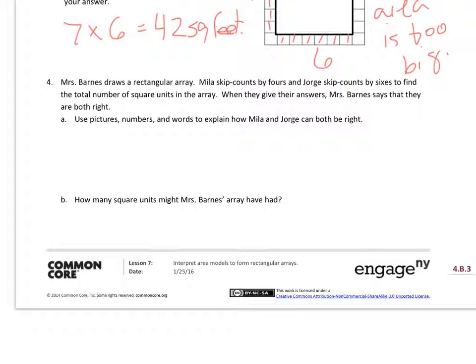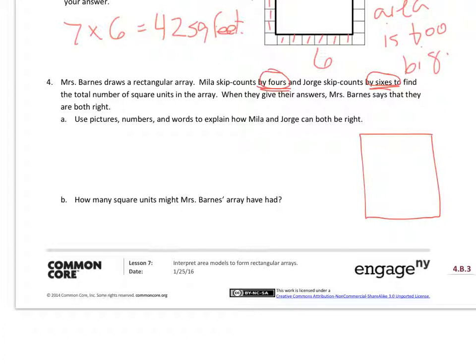So we're looking at the numbers 4s and 6s. One skip counts by 4s, one skip counts by 6s, and they're both right. How could that be? Well, in a rectangle the area has 2 side lengths, so couldn't 4s and 6s, so if this was 4s, and this could be 6s, or the other way around.